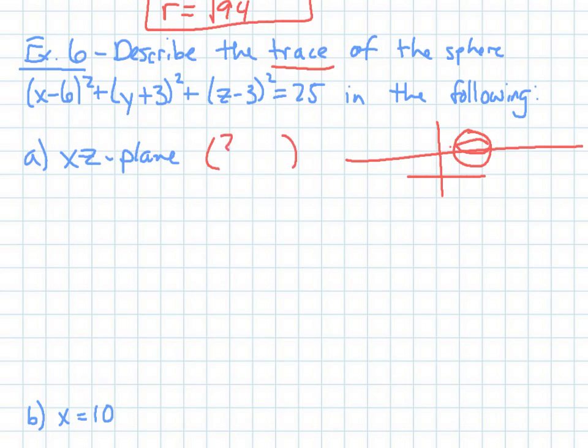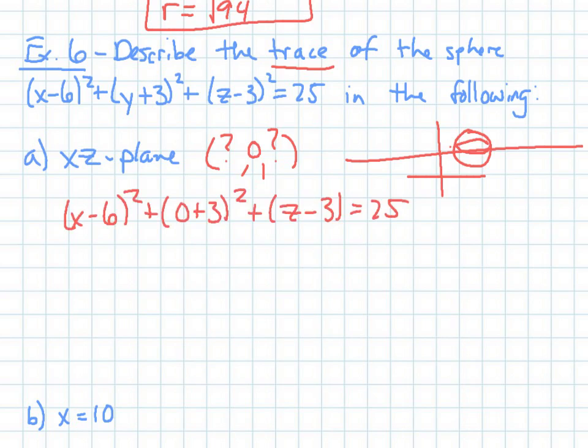We don't know what x is or what z is, but we do know that y is 0. So I'm going to plug in 0 for y in my equation, and then simplify to see what equation's left for the circle.